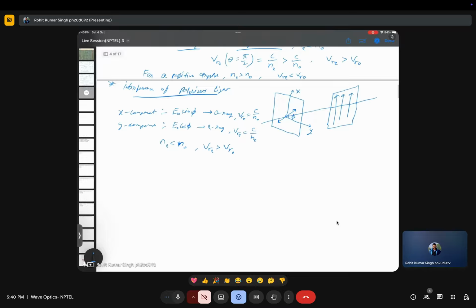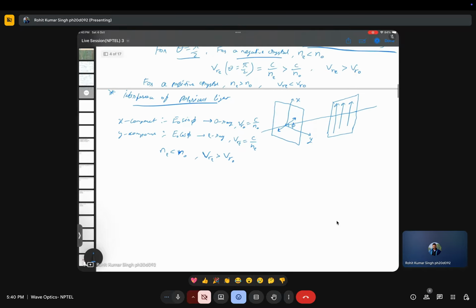Okay, so that means the extraordinary ray is the y component, so we call the y axis as fast axis denoted by f, and x axis as the slow axis denoted by s. Okay, so these are some nomenclatures.